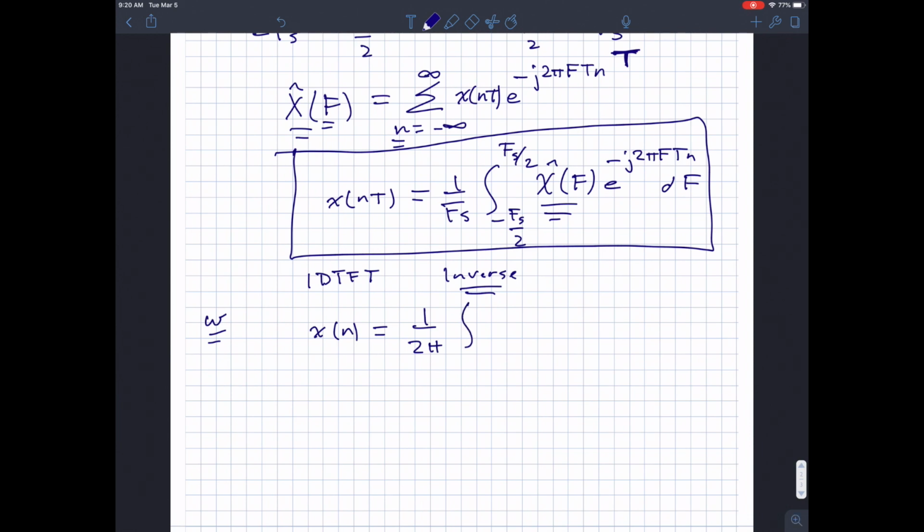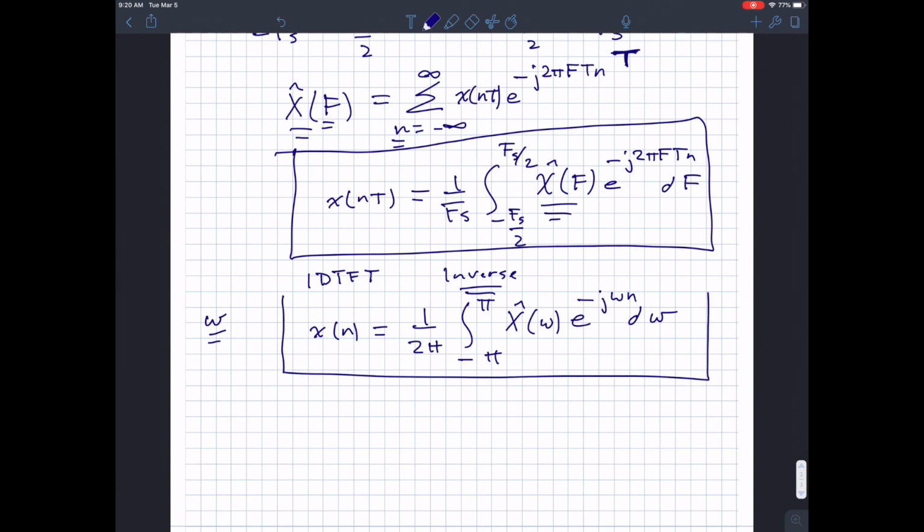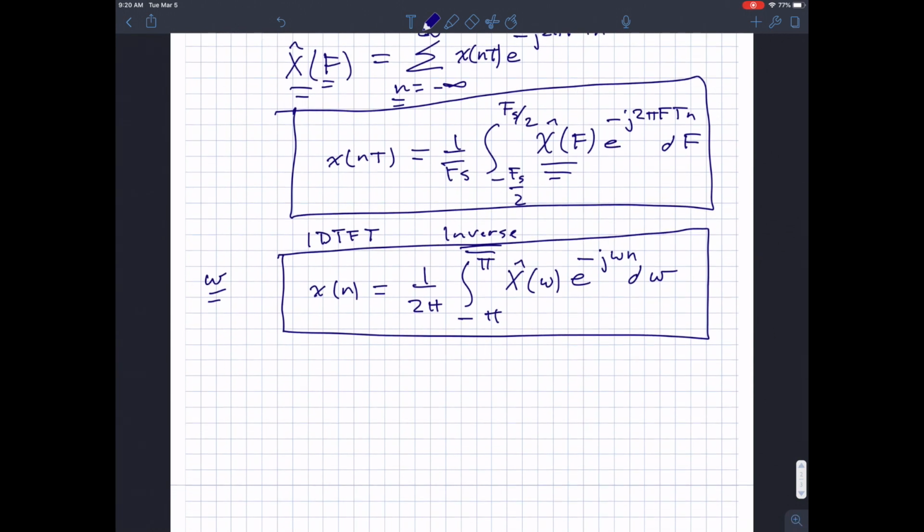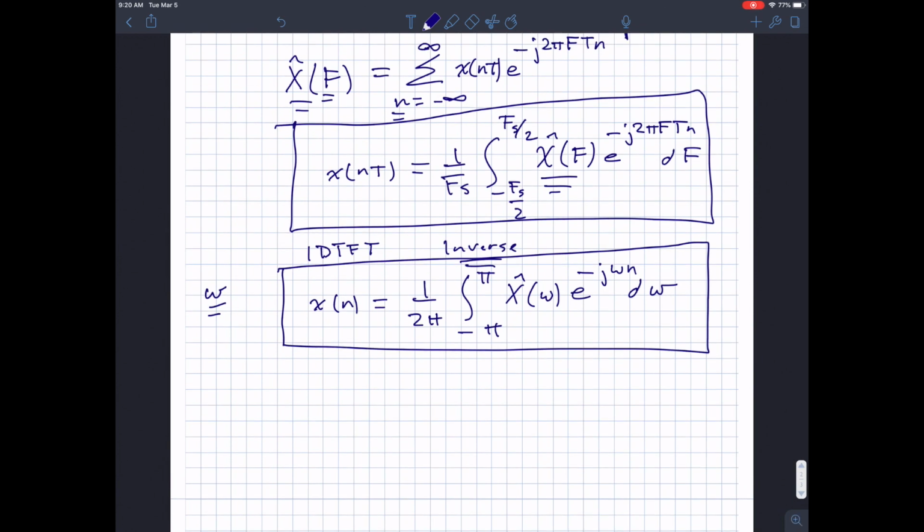This would be the integral from minus pi to pi of x hat of omega e to the minus j omega n d omega. So that's the more common version of the inverse that you'll see in textbooks, but I did want to show you that really the inverse discrete time Fourier transform essentially comes from Fourier series. I think that's a really cool and elegant mathematical result, and I hope you come to appreciate it.